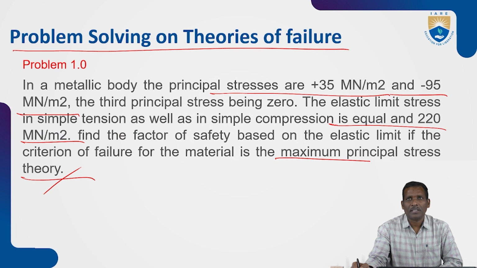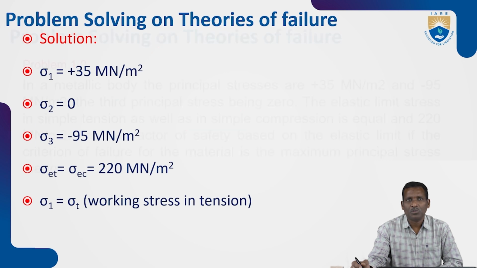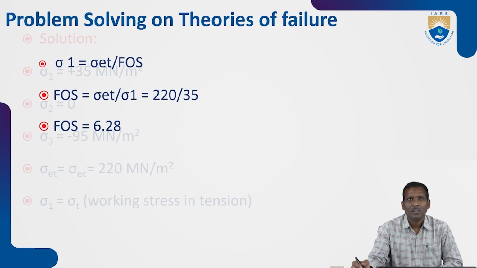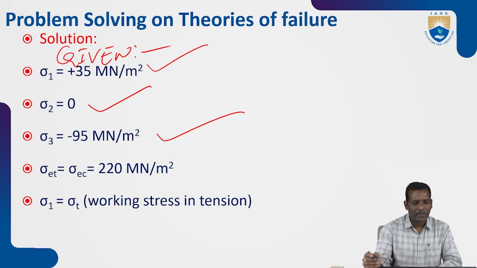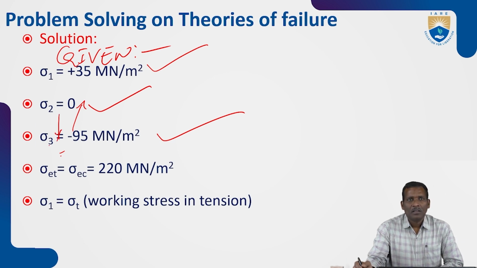And the minus 95 meganewton, that is the compressive stress. So here elastic limit stress is 220 meganewton per meter square. Sorry, here sigma 1 is 35, sigma 2 is 0 and sigma 3 is minus 95. So sigma 1 is sigma T, working stress in tension.